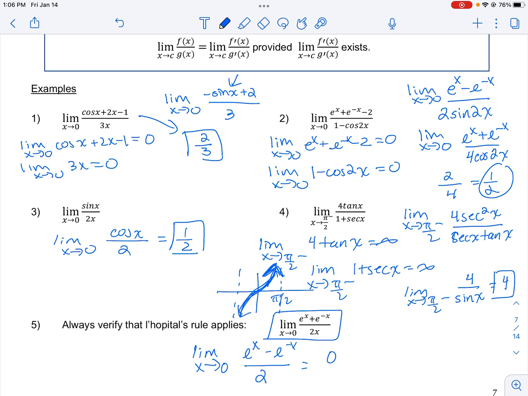It's if you have 0 over 0 that's indeterminate. So this is what you would get if you use L'Hopital's rule. But this actually is the incorrect limit. The correct answer is infinity. If you look at this graph, you'd notice that this graph goes up forever. So the thing to be careful about is to make sure you have either 0 over 0 or infinity over infinity before you start using L'Hopital's rule.